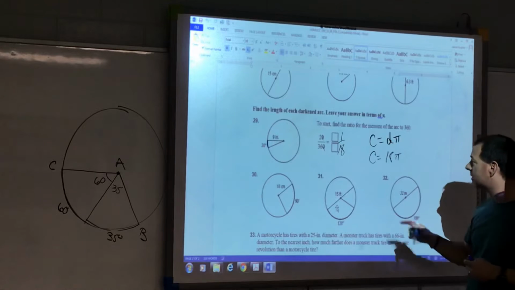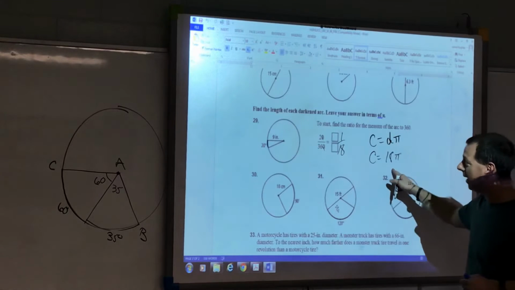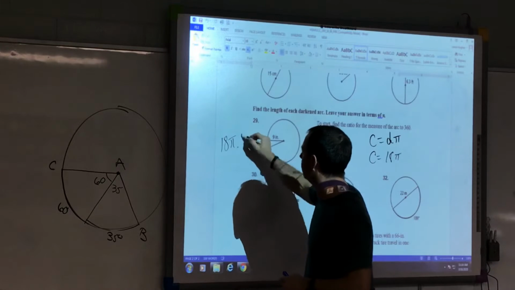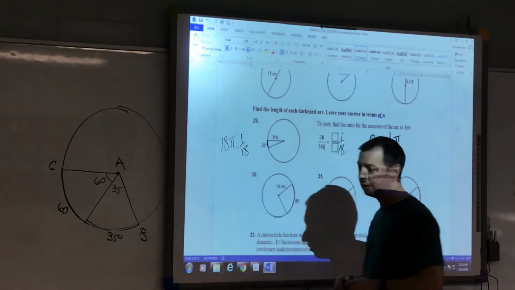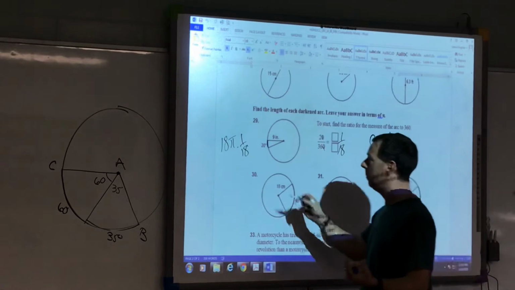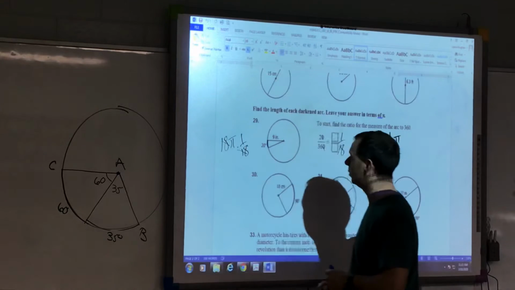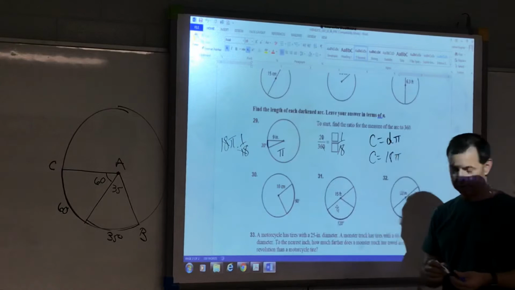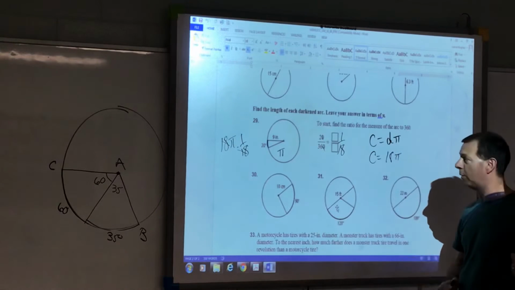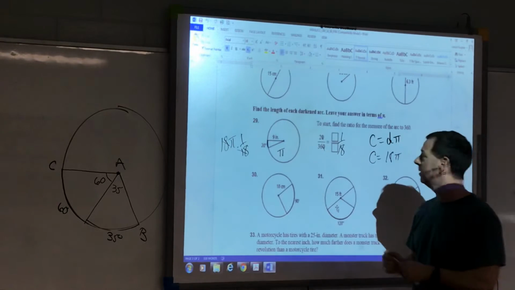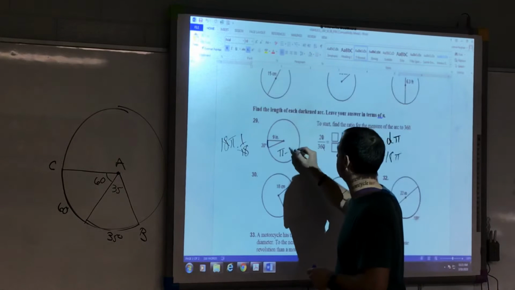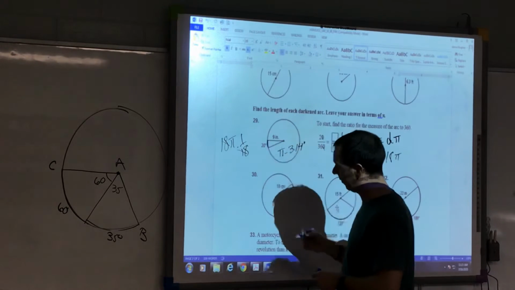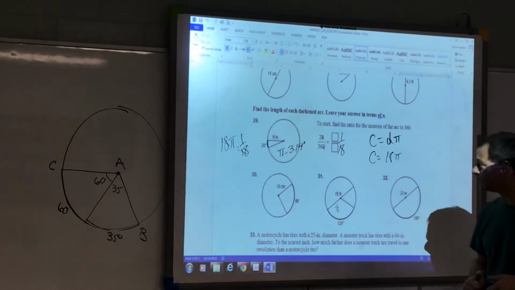So if my circumference is 18 pi, then I would take 18 pi times 1/18 of the circle, meaning that the 18s would cancel and the length of that arc is actually pi, or 3.14 inches. So I would be able to say 3.14 inches is the length of that arc.